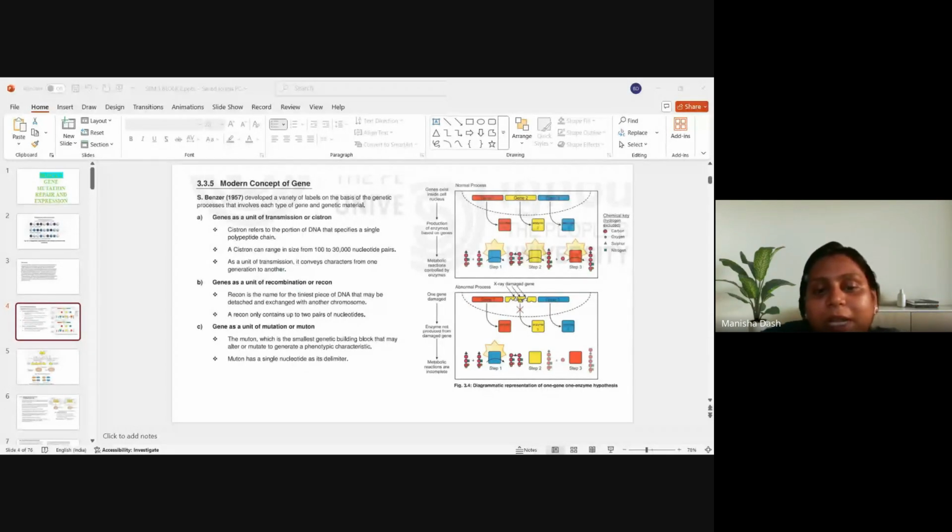If multiple genes or multiple enzymes are involved in a single pathway, even if one gene is interrupted, the entire metabolic pathway can be disrupted. So the whole concept of this diagram is to explain that a single polypeptide is encoded by a single gene. That is what is called the one gene, one polypeptide, or one gene, one enzyme hypothesis. Okay.